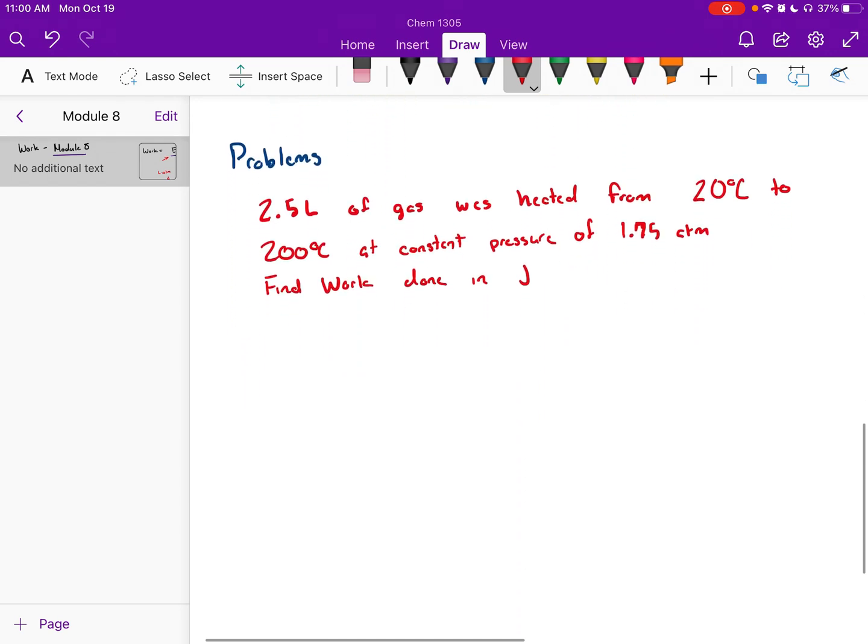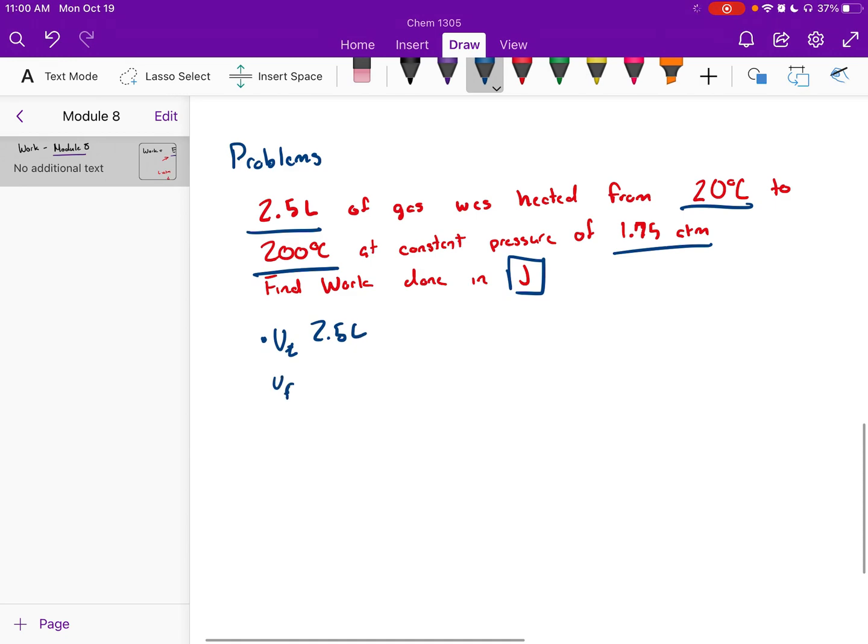So let's go over a problem. If you're able to get this problem, then you've mastered this because this is an all-encompassing problem. So 2.5 liters of gas was heated up from 20 degrees Celsius to 200 degrees Celsius at a constant pressure of 1.75 atm. Find work done in joules. So let's write down what we know. We have an initial volume of 2.5 liters.